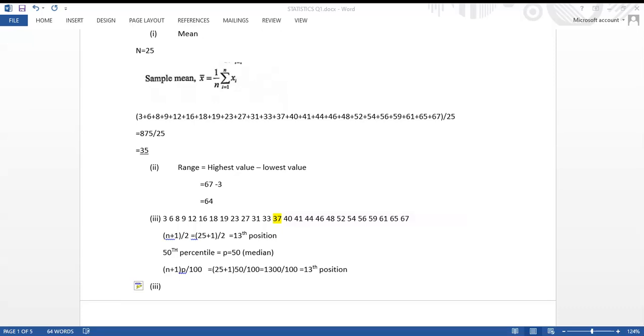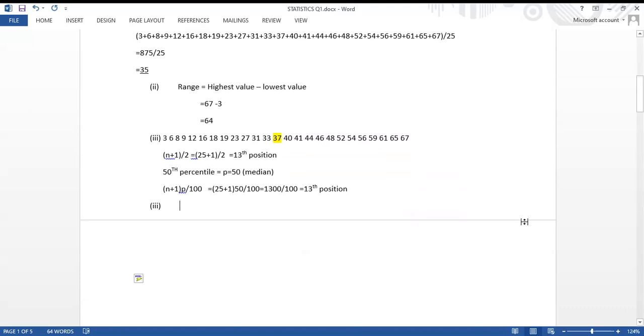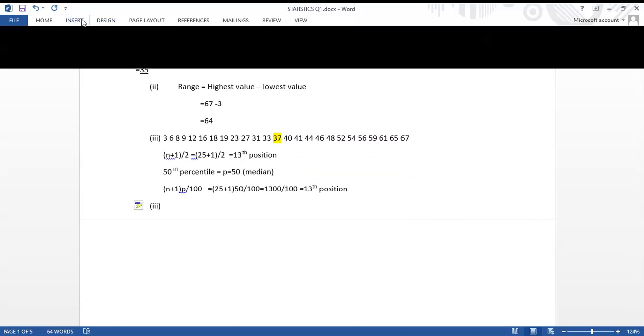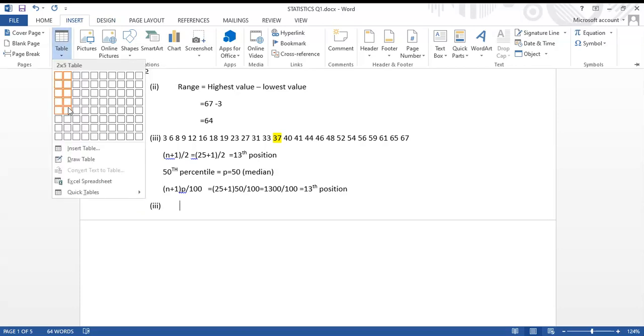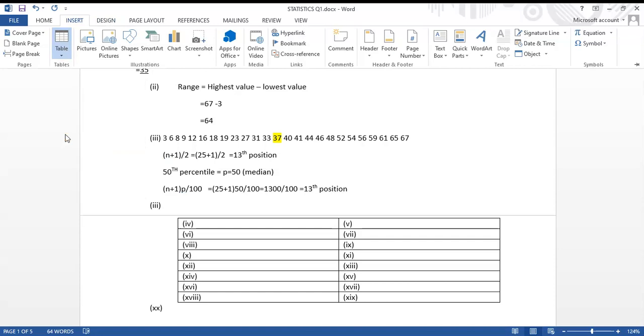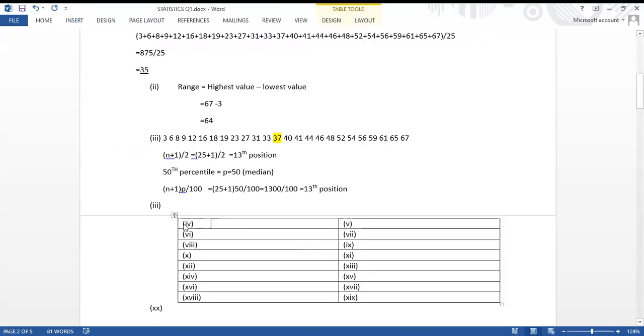Both ways are very intensive, but we're going to make a two-column table. One will be for x and one will be for x squared.